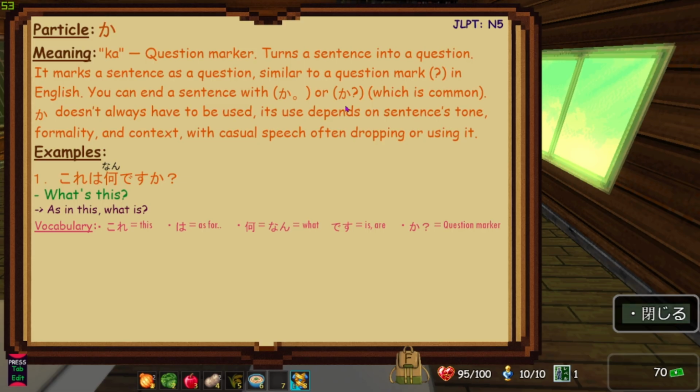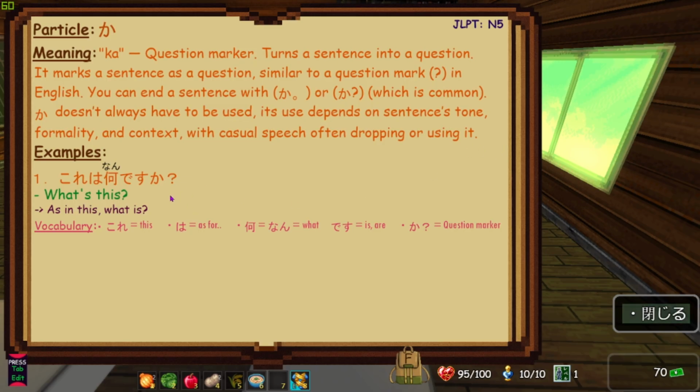She helps me a lot with creating the resources, and she's using the ka with the question mark. Now, when you go through books, or depending on the context, again, they might exclude this and exchange it for this. And you just have to read a ton, right? Get that daily exposure. So ka doesn't always have to be used. Its use depends on the sentence's tone, formality, and context, with casual speech often dropping it. So it really depends on the context.